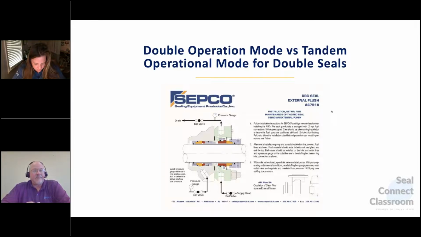So you've got operations out there where they deadhead a pump. When you deadhead that pump, that stuffing box or seal chamber pressure is going to be elevated. So we need to make sure that the fluid you're putting in between those two seals is 15 to 20 psi above that maximum pressure.